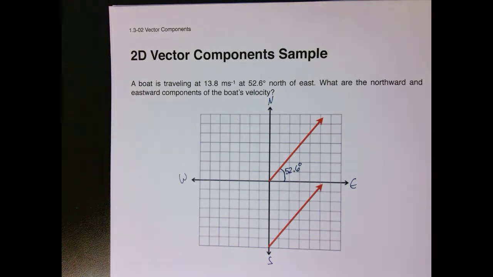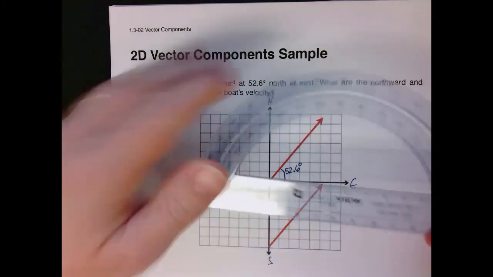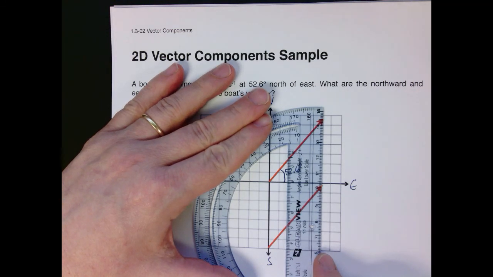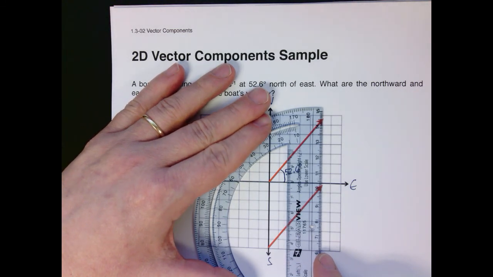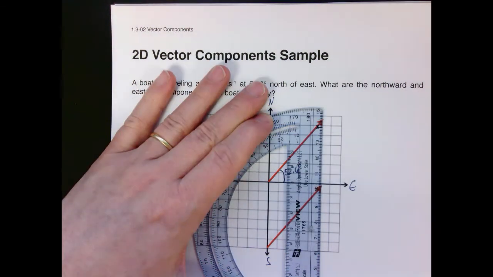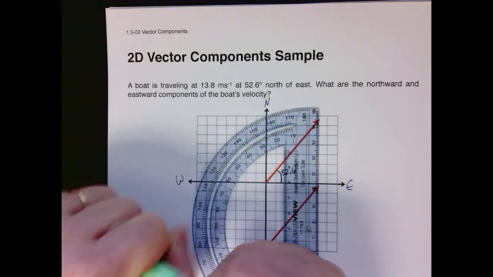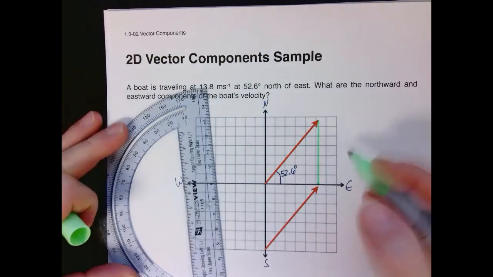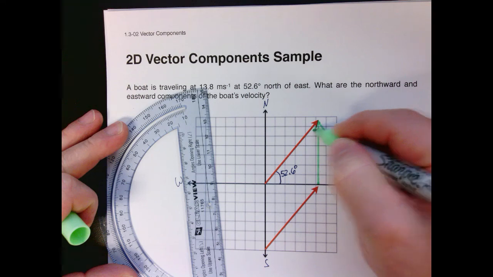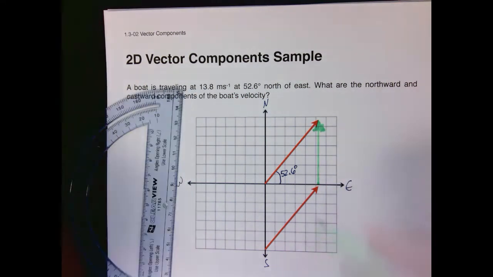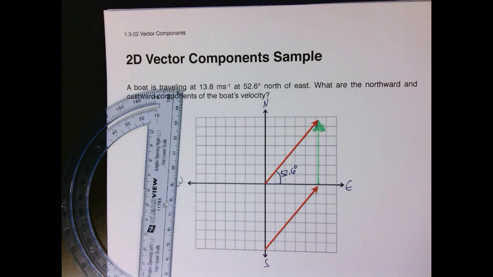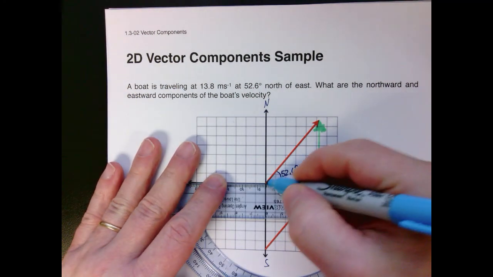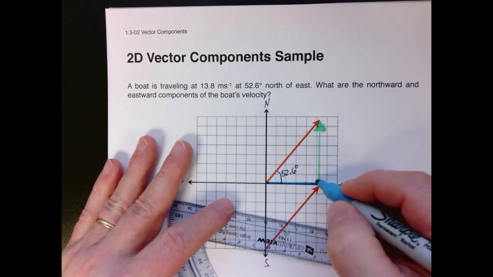The components are the next thing we want to consider. So drawing the components, we will first drop this down like so. So there's the vertical component, which would have an arrow on it, like so. And the horizontal component would be like this.